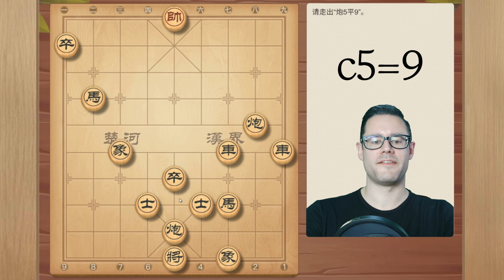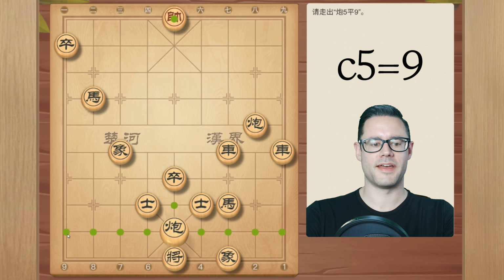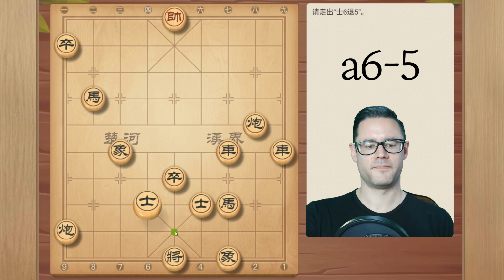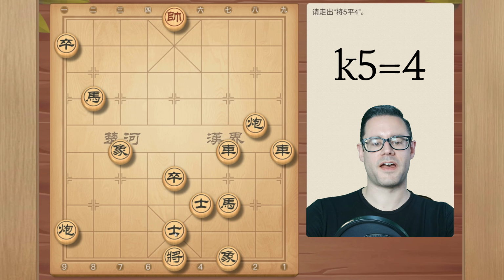Now let's do c5 equals 9. So our canon on file 5 moves sideways to file 9. a6 minus 5. So advisor on file 6 retreats to file 5. k5 equals 4.